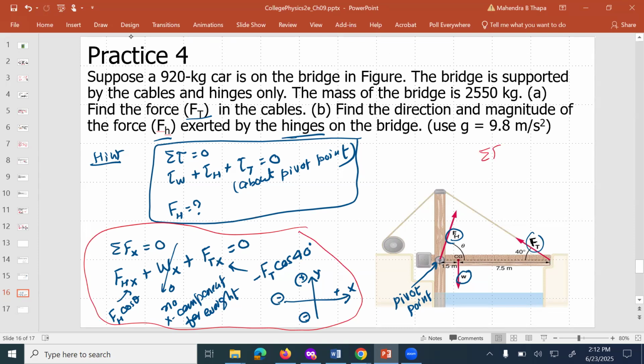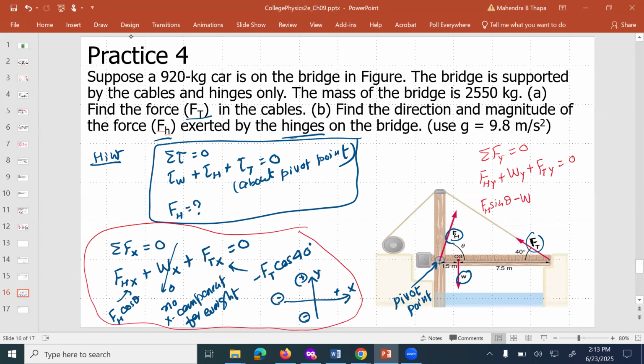Total force along the y-axis must be 0. In this case, force FH component y, weight component y, plus force FT component y should be 0. So clearly here this will be FH sine theta. The weight has only the component y, so that will be replaced by just the weight.